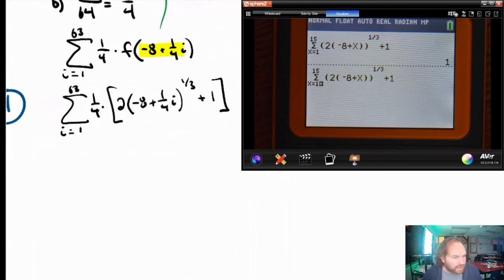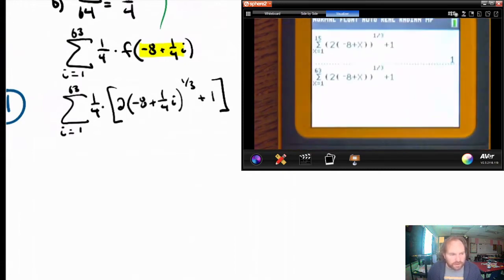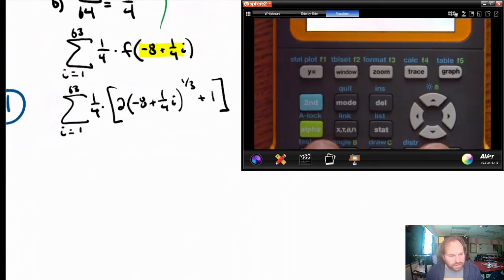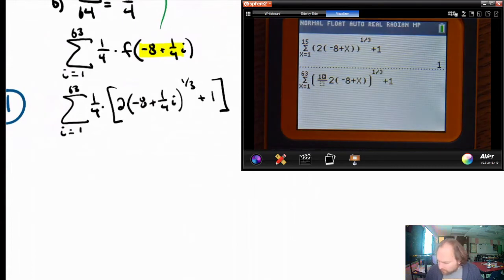First thing I'm going to do is change 15 up top to the number 63. I'm going to push second delete to open up the insert thing, which changes your cursor to a little dash there. And I'm going to push alpha x to make it a fraction. I'm going to put 1/4 in front there. And then, with my insert still active, I'm going to put another parentheses in front of this thing.